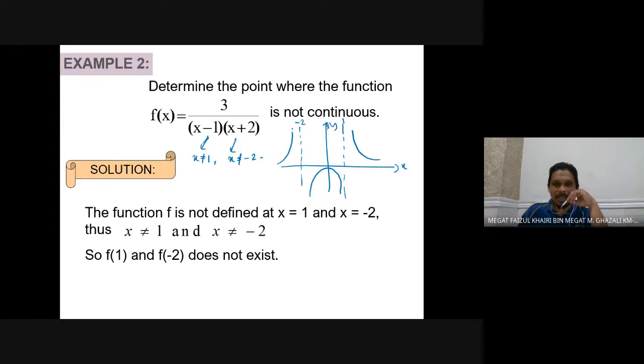So you can see here it is positive infinity and negative infinity, and positive infinity. None of them is connected directly. So at x equal to 1 and x equal to negative 2, it is not continuous.